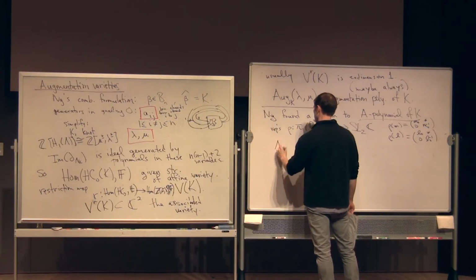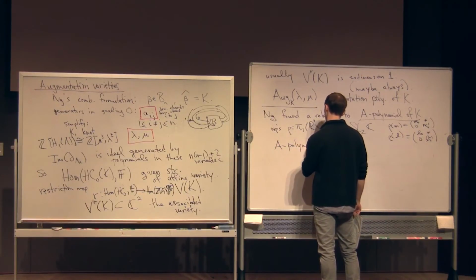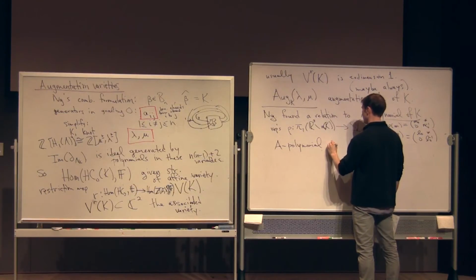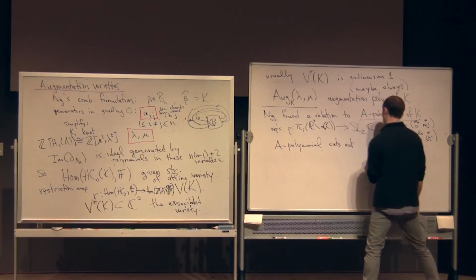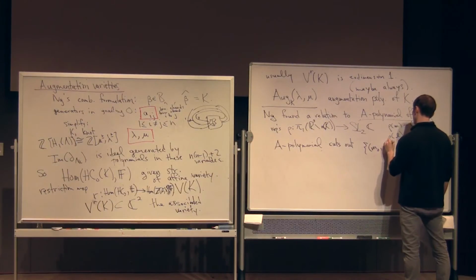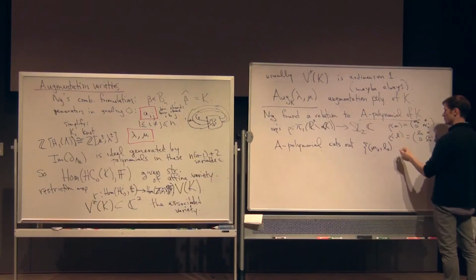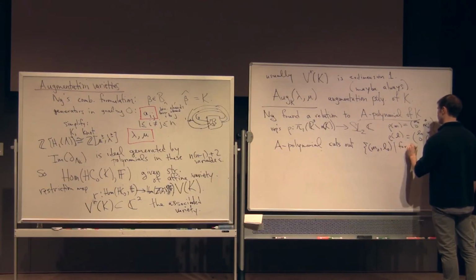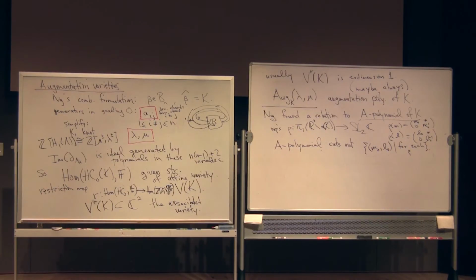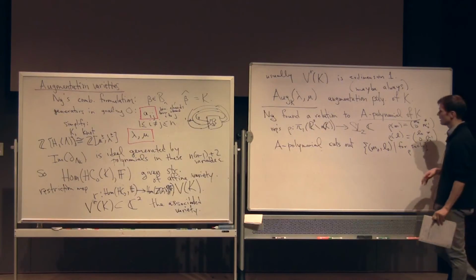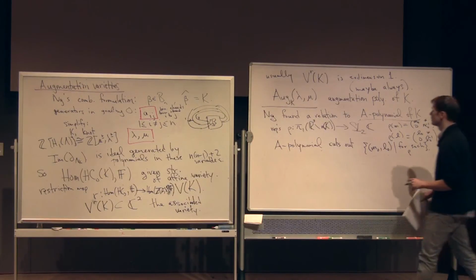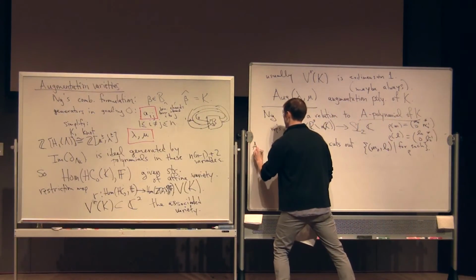Then the A polynomial cuts out the set of points M naught, L naught, which show up as eigenvalues for such representations. Okay, this was at least the way that the A polynomial was originally defined. And let's call this A polynomial A sub k.